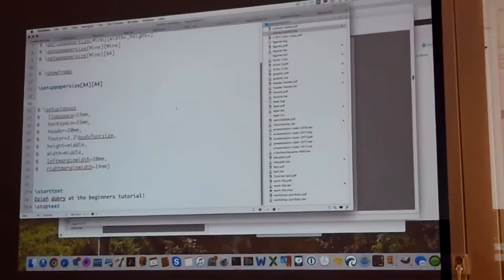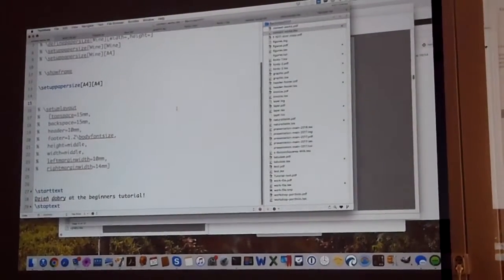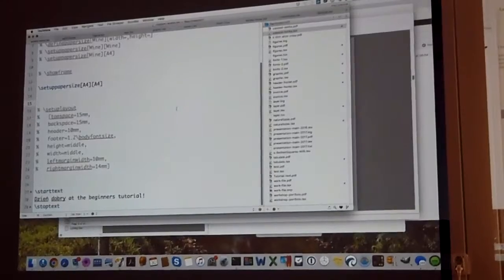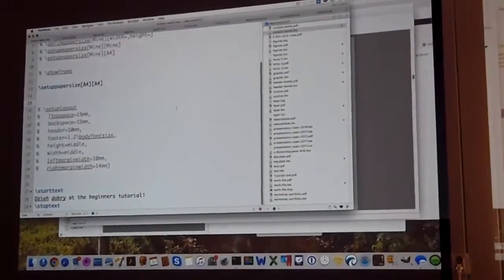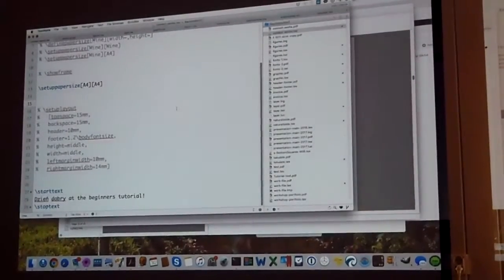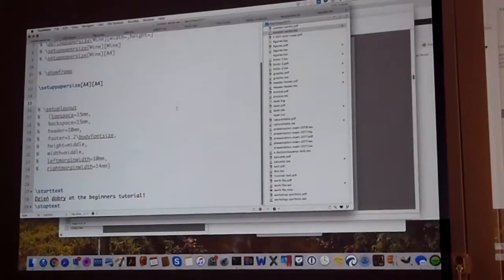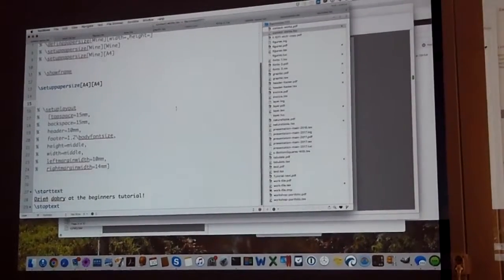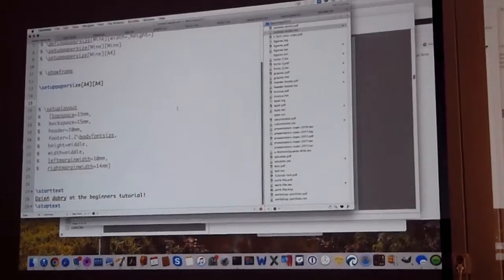And middle means that, what middle means? Middle in this case means that ConTeXt is calculating the left and the right to be the same. If you use now the command show frame, you will see lines, and you see also that these lines are the same size.